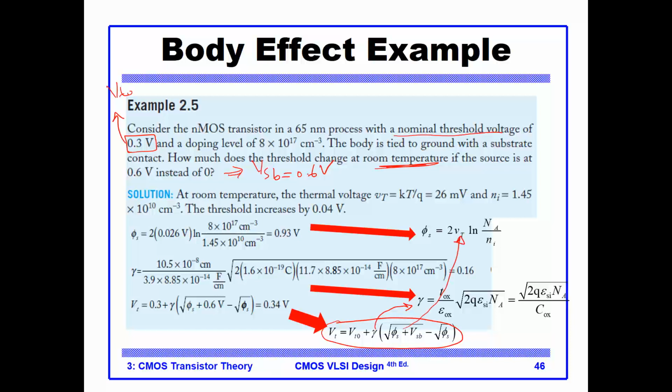We compute the surface potential, and it comes out to be 0.93 volt, and the body effect comes out to be 0.16. Then we plug everything in this formula, and we get 0.34, which means in this example, when we raised VSB from 0 volt all the way to 0.6 volt, VT went up from 0.3 volt all the way to 0.34 volt. So 0.04 increment in VT.